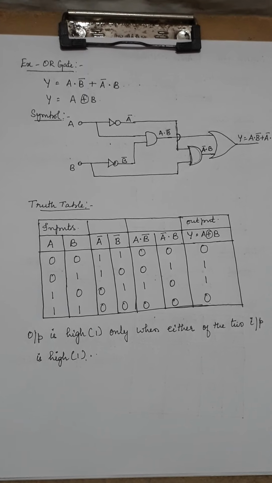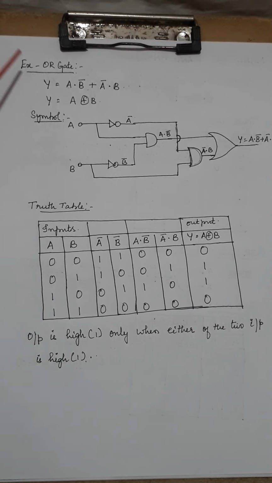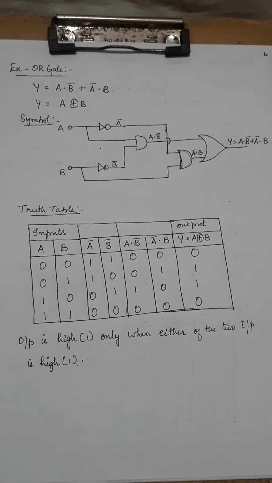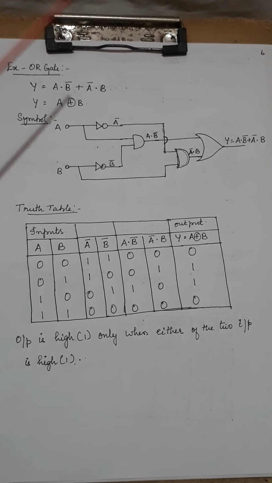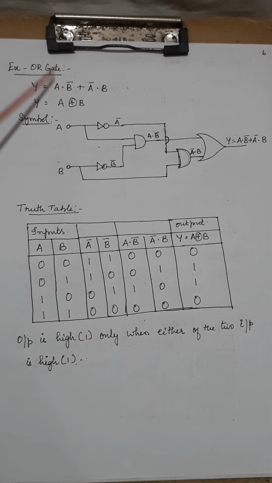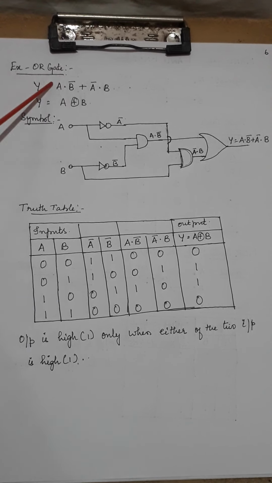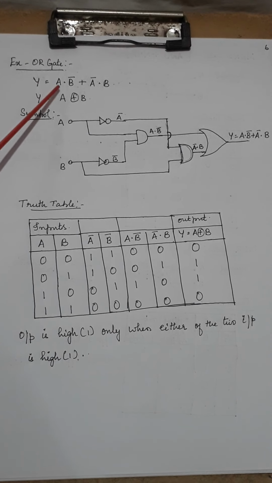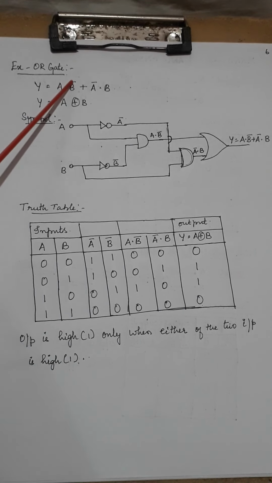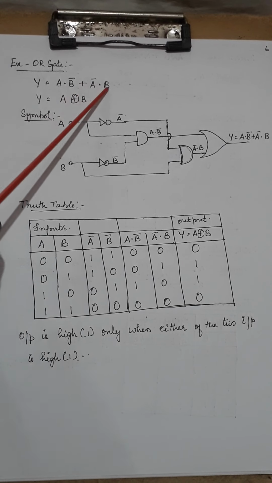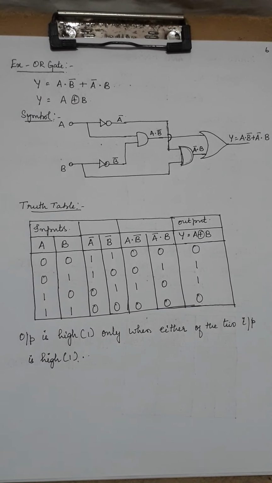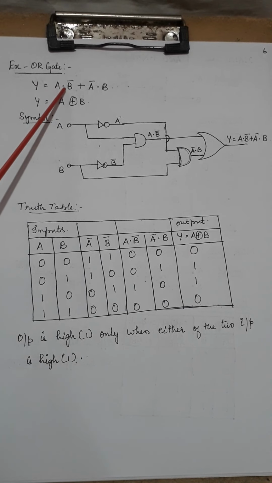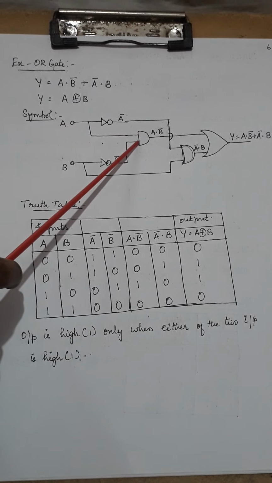Okay. Now the last gate, which is the XOR gate, the exclusive OR gate. The meaning of exclusive OR gate is that it is a combination of all the three basic gates that you have learned, where you have A dot B bar plus A bar dot B. So how will you get this? A dot B: if it is dot, then it is an AND gate.